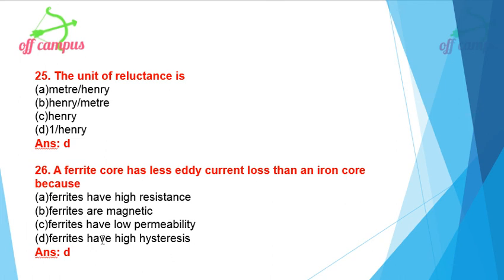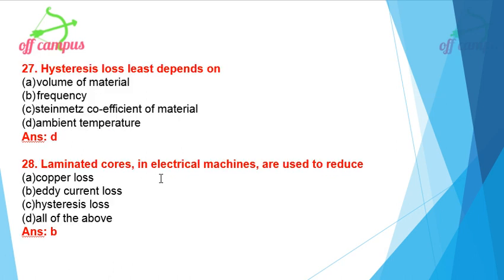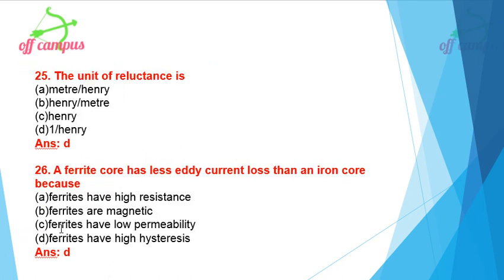Which one is correct? Ferrites have high hysteresis. So, the ferrite core has less eddy current loss. Option D, ferrites have high hysteresis, is the right option.